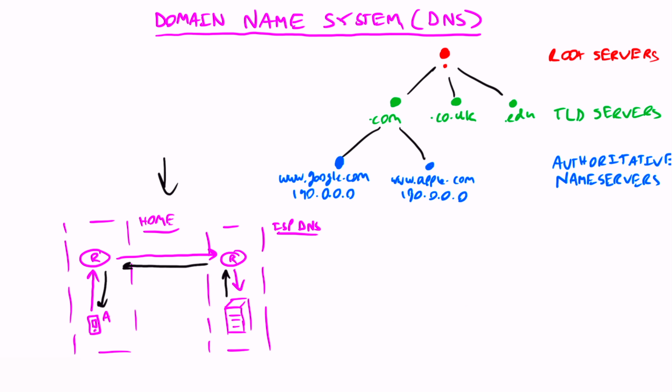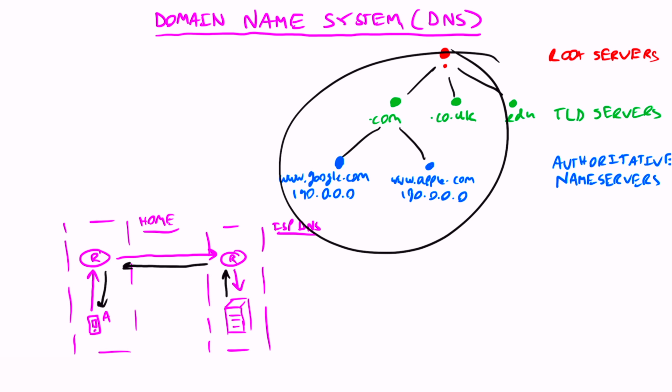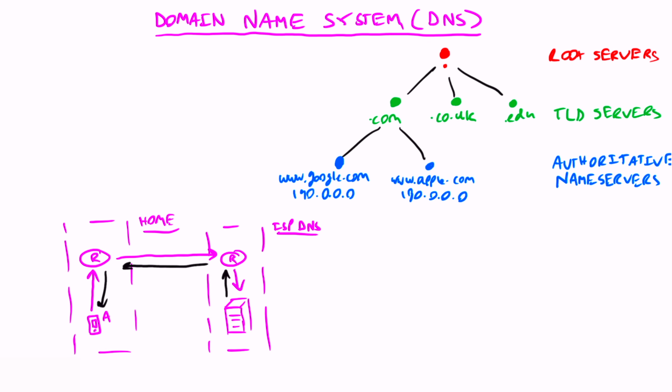Now, as we saw here, once we search google.com into our browser, say we searched google.com in Safari, we had to go and do this whole process. We had to leave our home network to go to the ISP's network and then to their DNS server in order to do this. However, we do not always have to do that if we do caching. So if we cache the record, and the record is just a mapping.